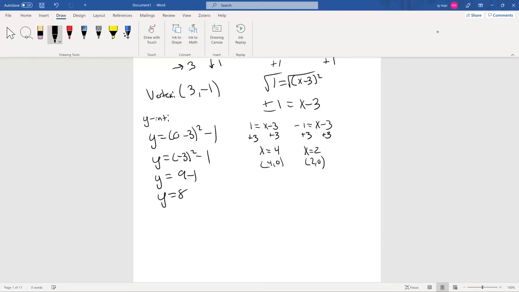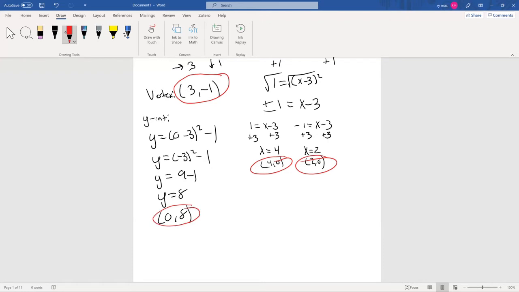Your y-intercept is then 0 comma 8. So now we have 4 points that we can graph: 3 comma negative 1, 4 comma 0, 2 comma 0, and 0 comma 8.